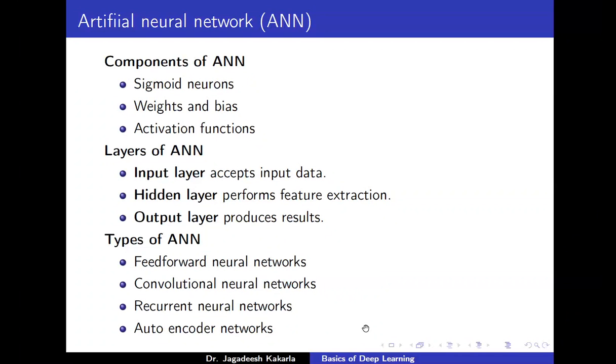The input layer accepts the input data, the hidden layer will compute the feature extraction, and the output layer will produce the results. We have various types of artificial neural networks such as feed forward neural networks, convolutional neural networks, recurrent neural networks, and autoencoder neural networks. If time permits, I will discuss each one in detail.